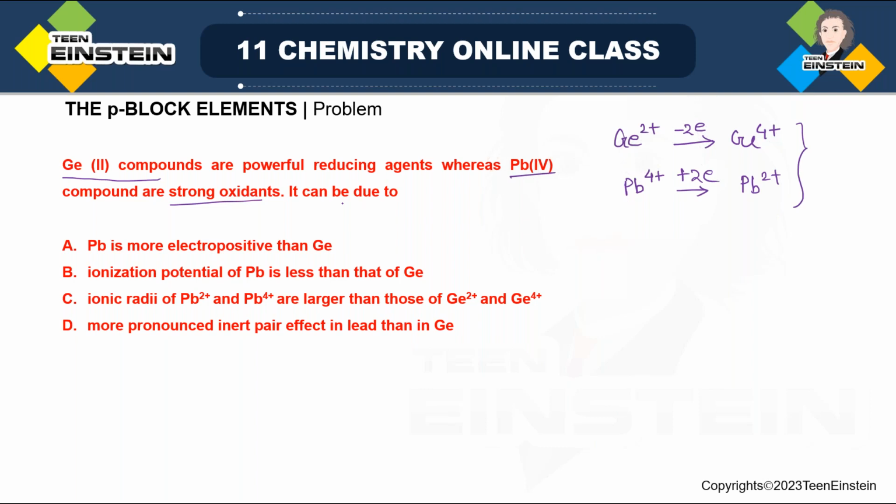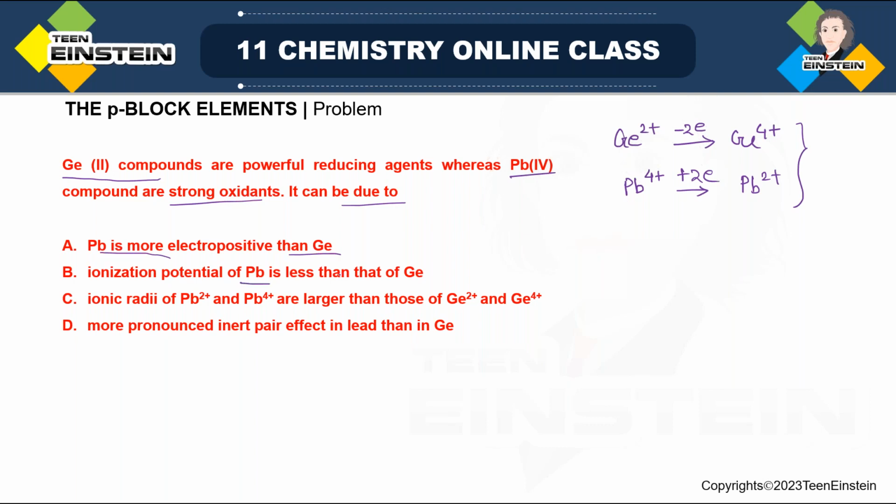Now, what is the reason behind this type of observation for germanium and lead? That we have to find. The first option says that Pb is more electropositive than Ge. Now see here, oxidation states 2+, 4+ are mentioned, but Pb in 0 oxidation state and germanium in 0 oxidation state, whether it is more electropositive or not, it does not have any direct relationship.